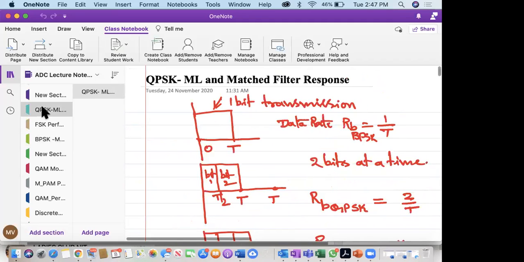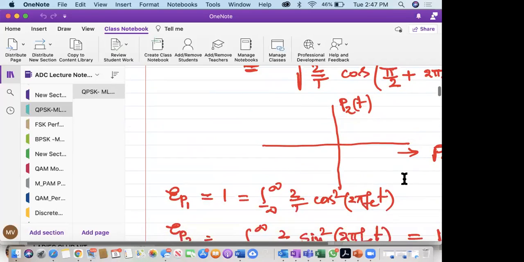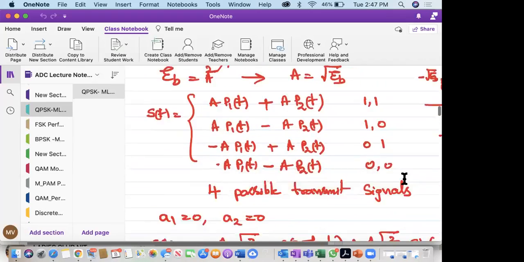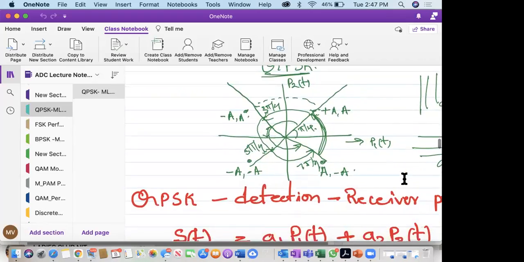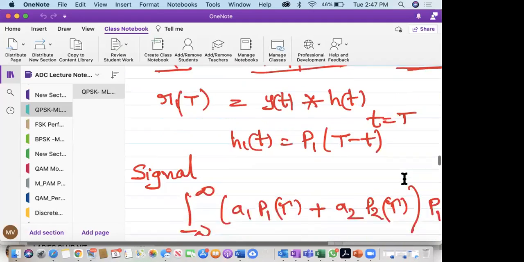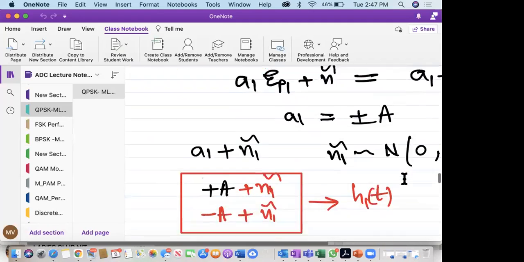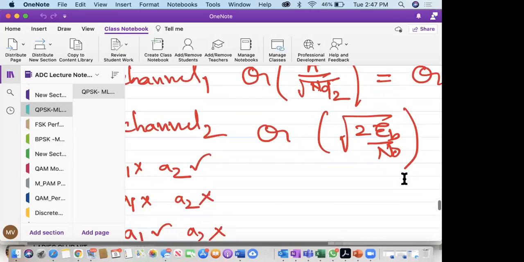Similarly, if you go for the QPSK scheme, I can show you how we have derived it. It is a very lengthy process, right?